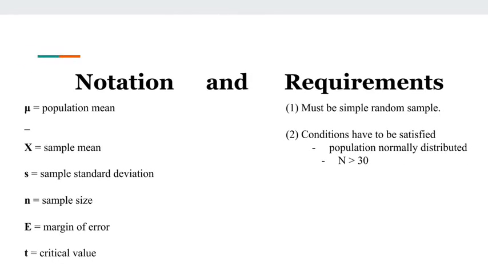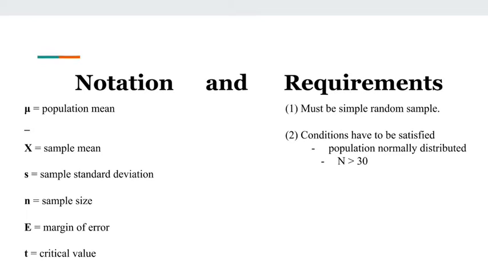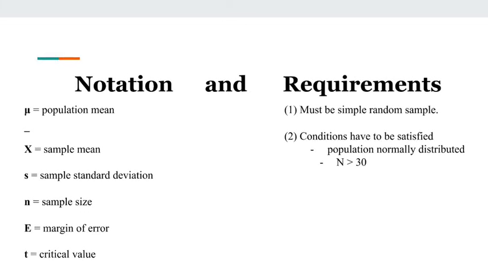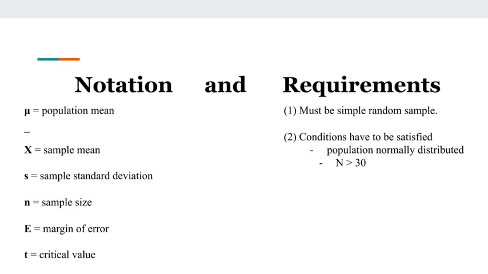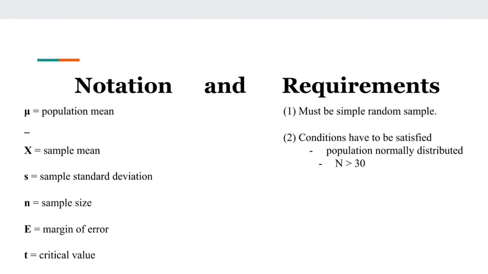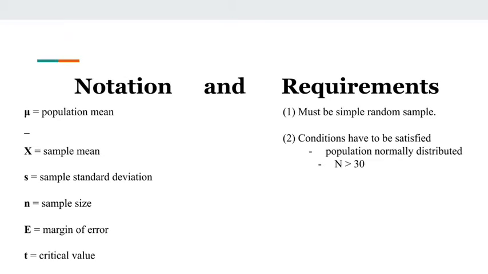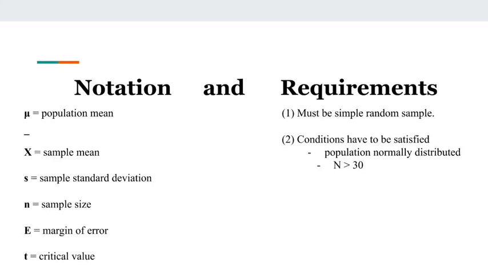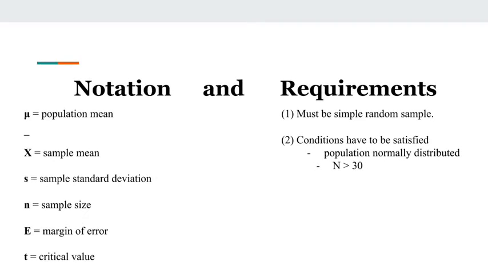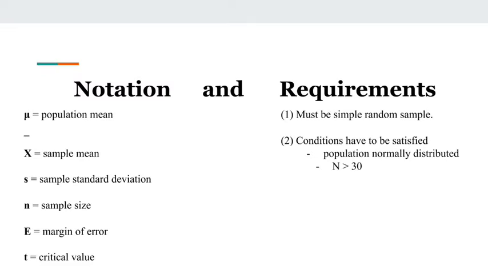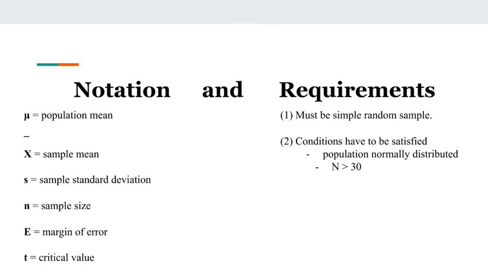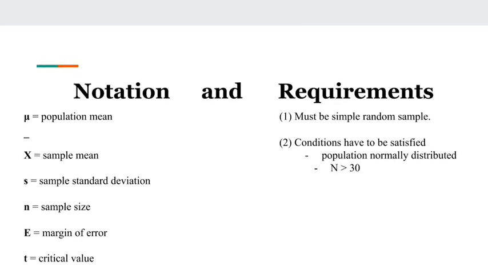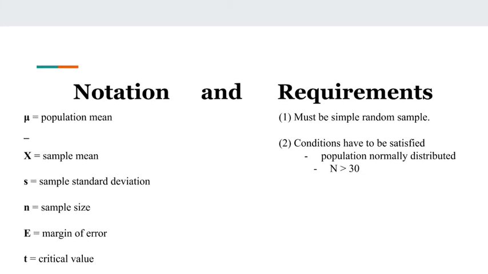Some notations are: mu equals population mean, x-bar equals sample mean, s equals sample standard deviation, n equals the sample size, E equals margin of error, and t equals critical value. The requirements are that it must be a simple random sample and conditions have to be satisfied: population normally distributed or n greater than 30.